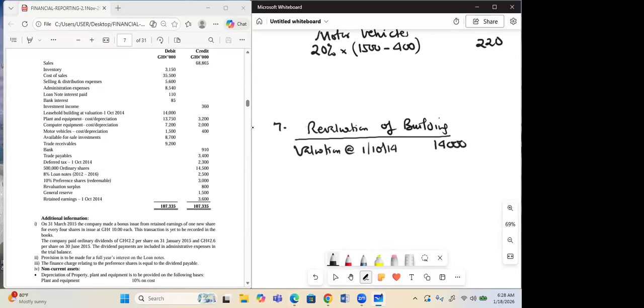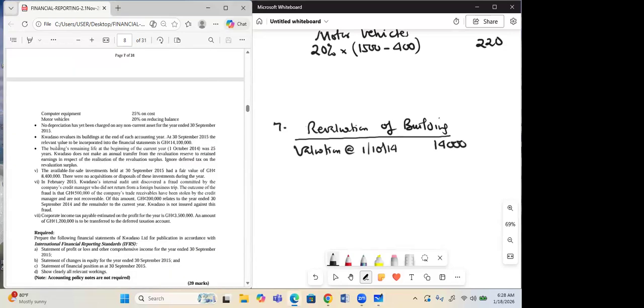The question said that by that time, the remaining life of the building was 25 years. So for that year, depreciation will be 14,000 divided by 25 years.